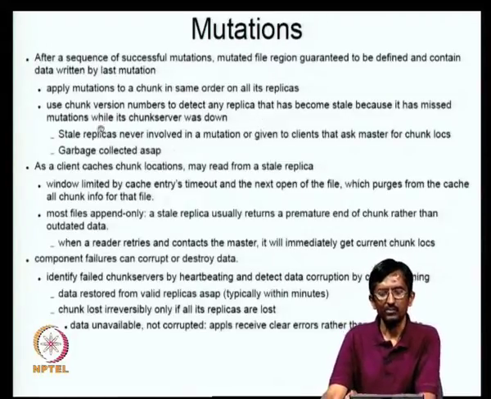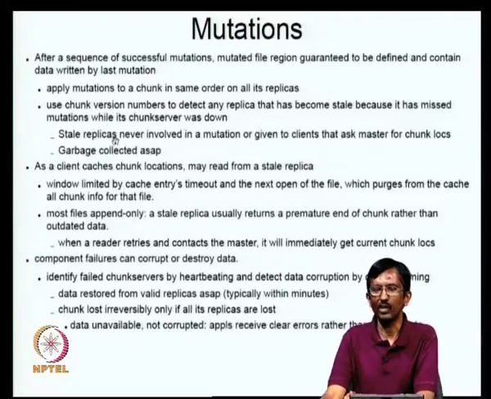So, once some stale replica is there, it is never again involved in a mutation, okay, or given to clients that ask master for chunk locations. That means once some replica becomes stale, the master will essentially take it off as something to be given to a client. Okay.